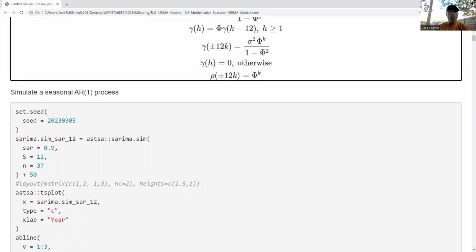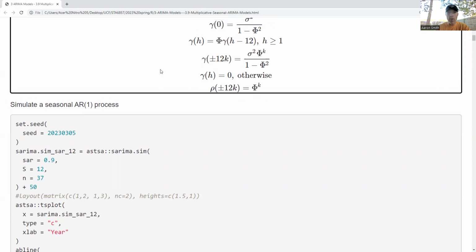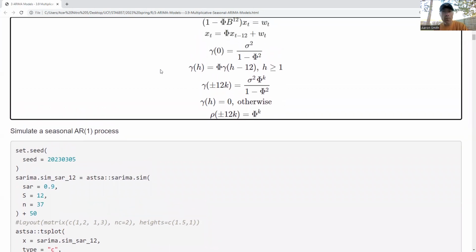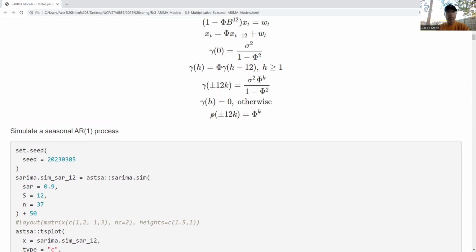Oh, and something to notice is that in this particular situation, we have 0 covariance when we don't have multiples of 12. If I have multiples of 12, we have a very nice formula here to work this out. And the correlation is super clean.